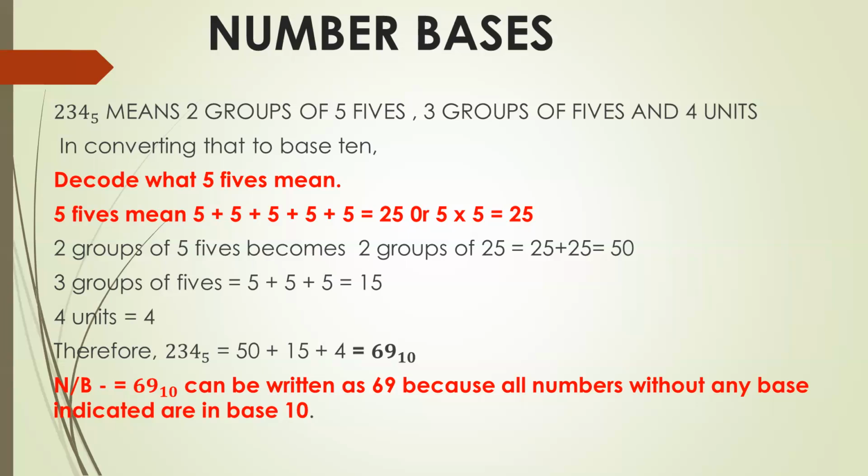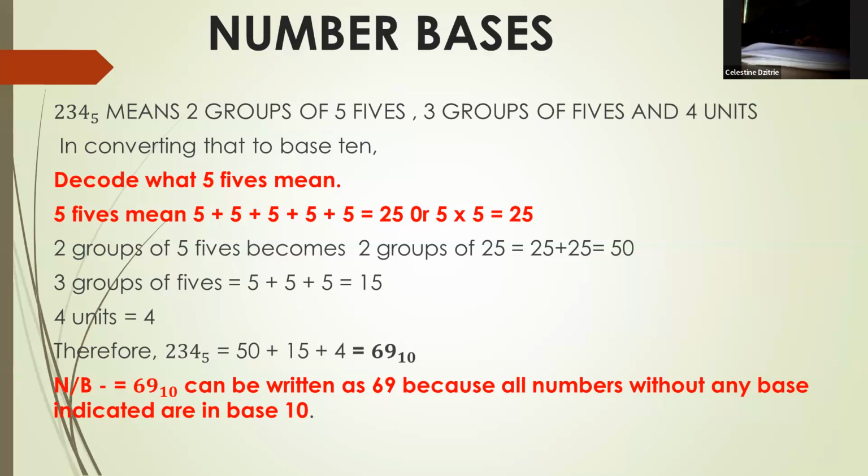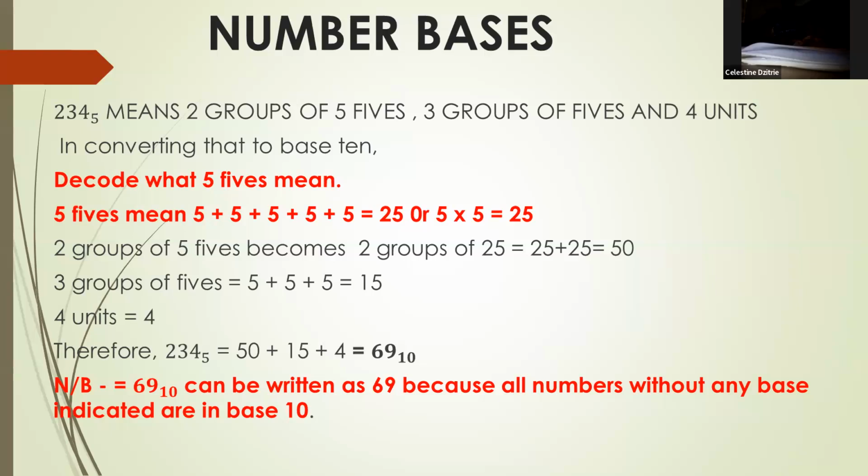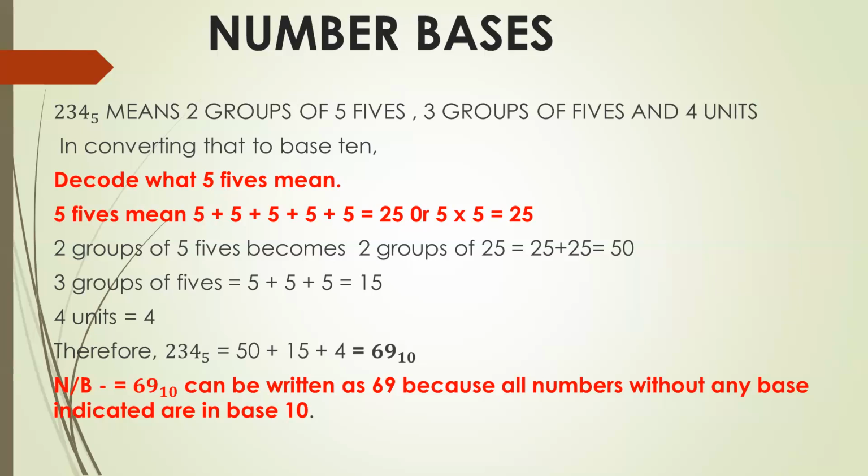Or 5 times 5, which is simply what? 25. So 2 groups of 5 5s here means that you have 2 25s. Is that okay? Which means that the 2 here is 50. 25, 2, and that's 50.